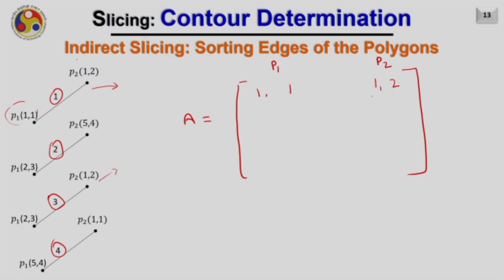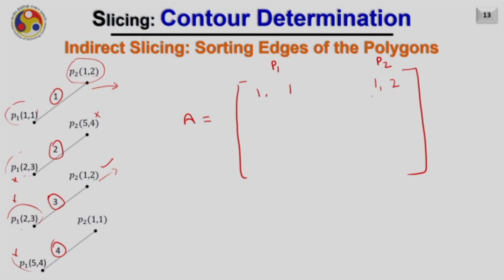Let us now pick the second point of the ith line, and now compare it with the first point of all the lines to see if it is matching. But what we can see, 1, 2 is not matching anywhere. It is not matching with this, it is not matching with this, it is not matching with this as well. Hence, we have to go for step 2, that is, try to match this point with the second point of the line. It is not matching with this, but it is matched with this.